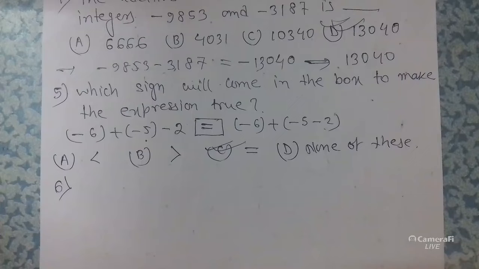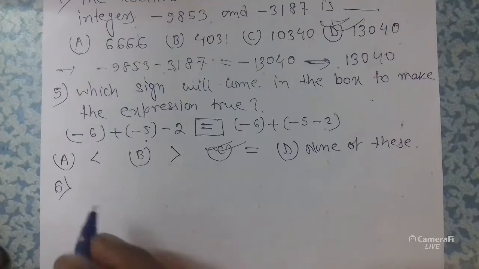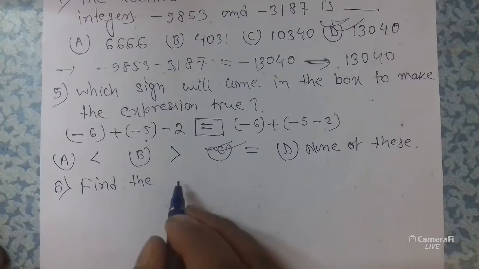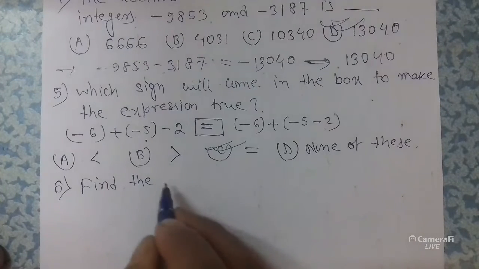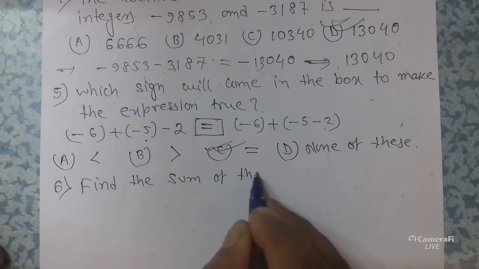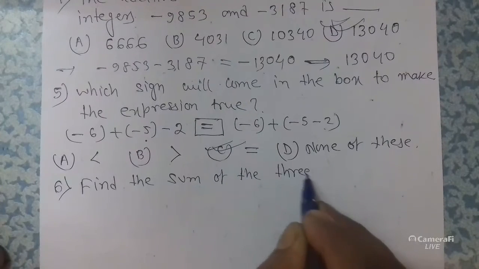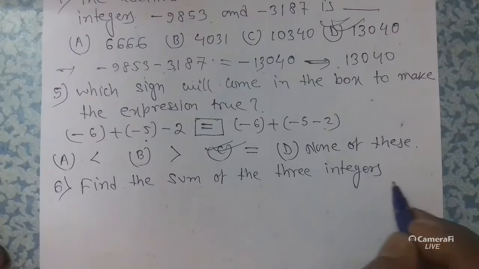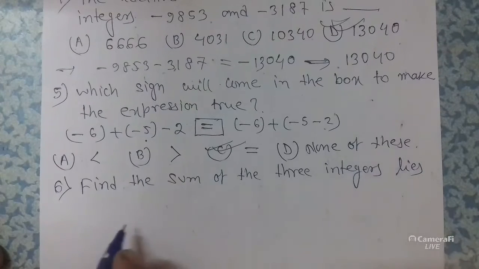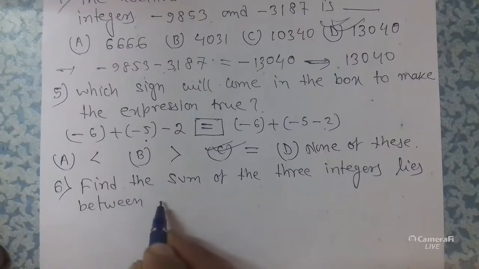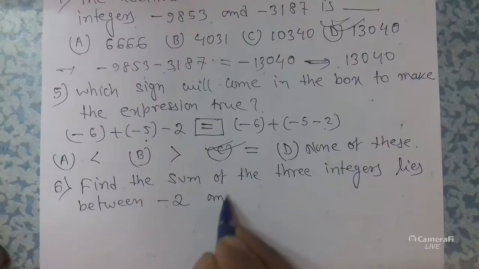Problem number 6. Find the sum of the three integers lying between -2 and 2.